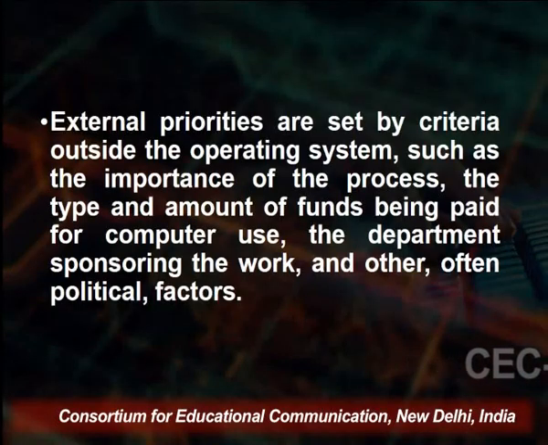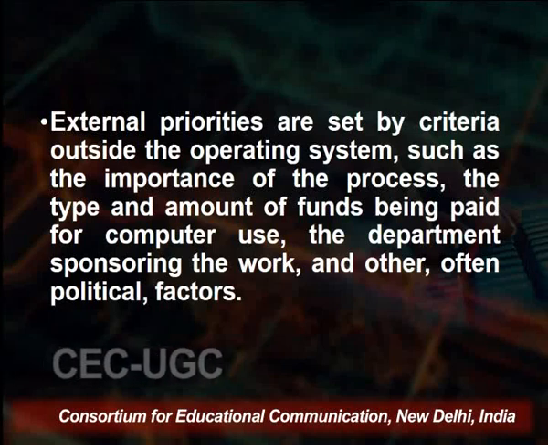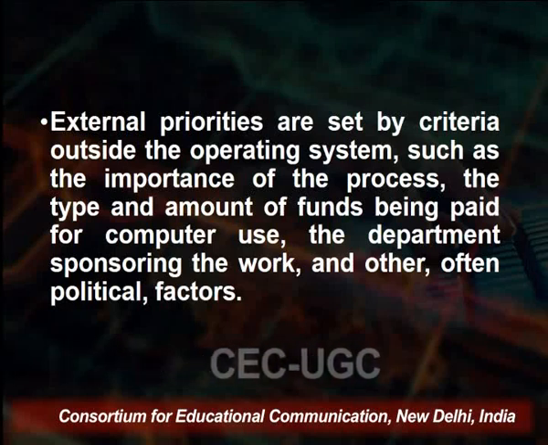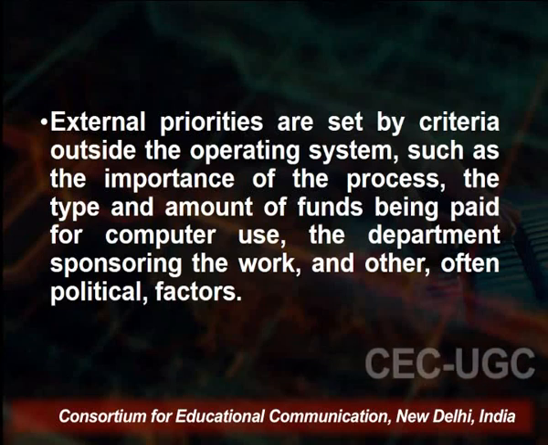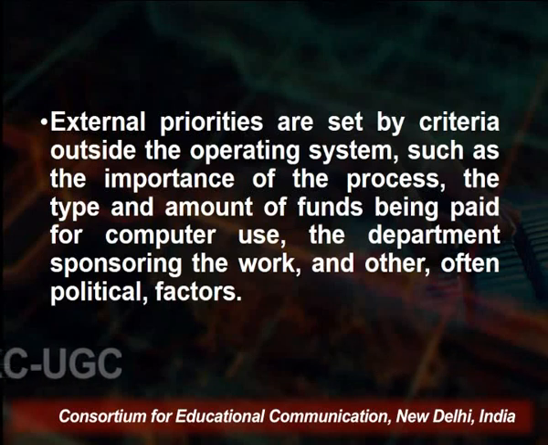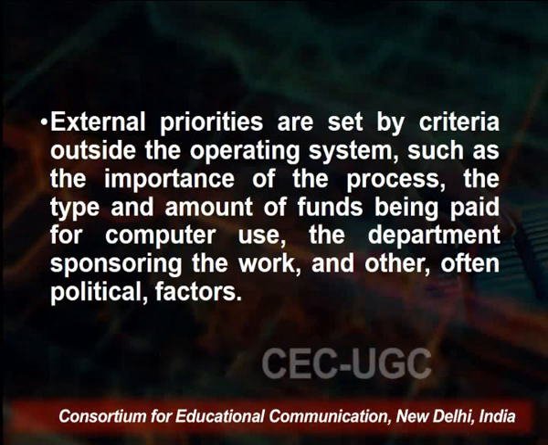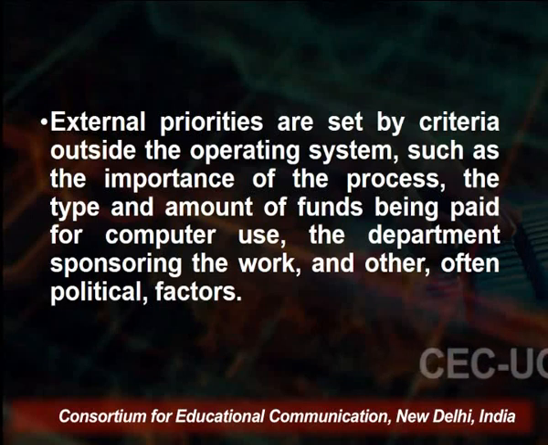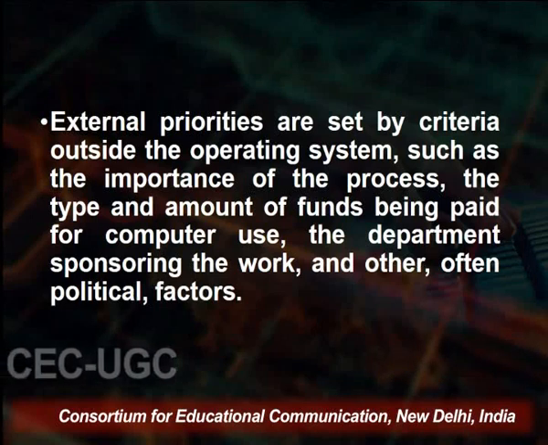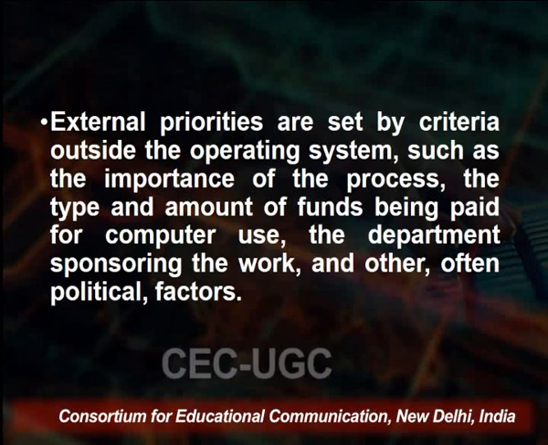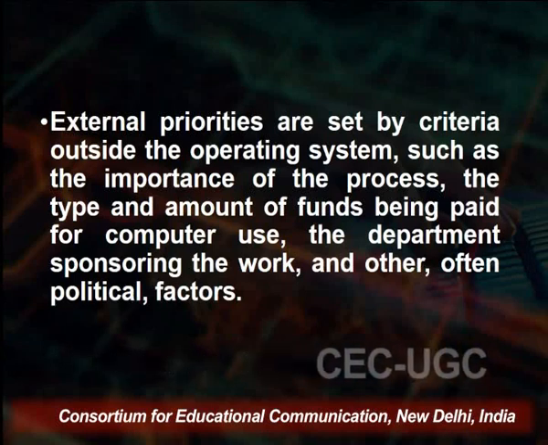If we look at external priorities, those are set by criteria which are outside the operating system. Now, what is outside the operating system? It could be the importance of the process, or the type and amount of funds being paid for the computer use. If the department which is sponsoring the work is involved, and the process belongs to that department, then the priority of the process will change.